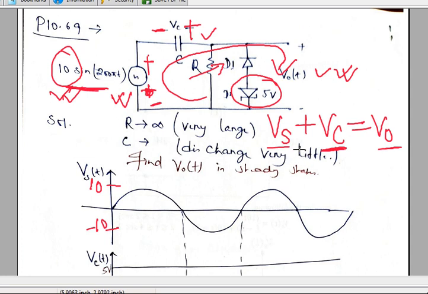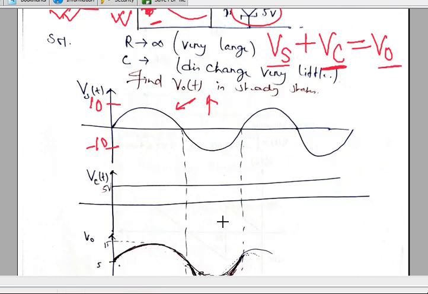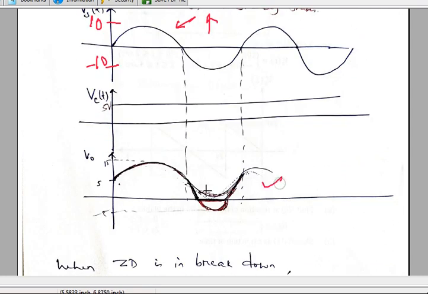So the output voltage is equal to input voltage plus 5 volt. That's it. It is going to shift upward by 5 volt. So the overall waveform will look like this one. It is just a shifted version of this waveform by 5 volt.